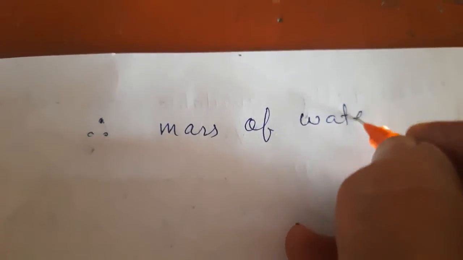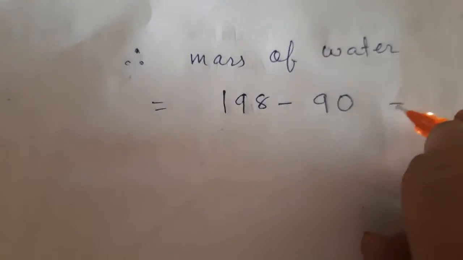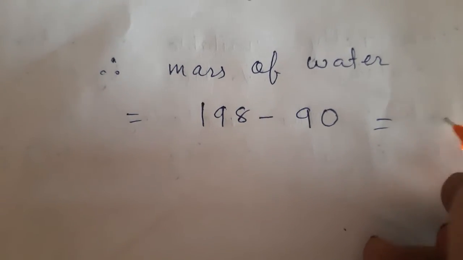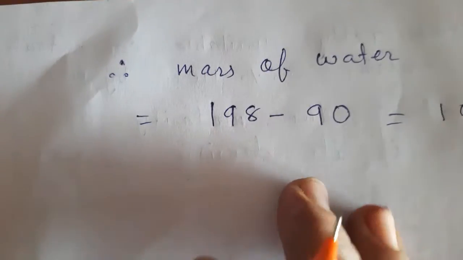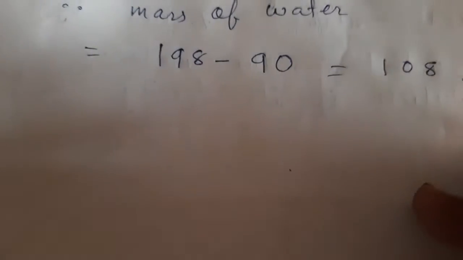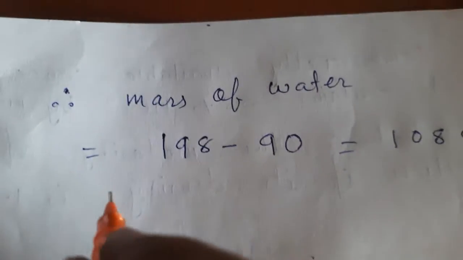Therefore the mass of water is the total 198, and from that 90 gram is H2SO4. When you subtract, it is 108. So the mass of water is 108 gram. This we have already calculated. So calculate the molality.